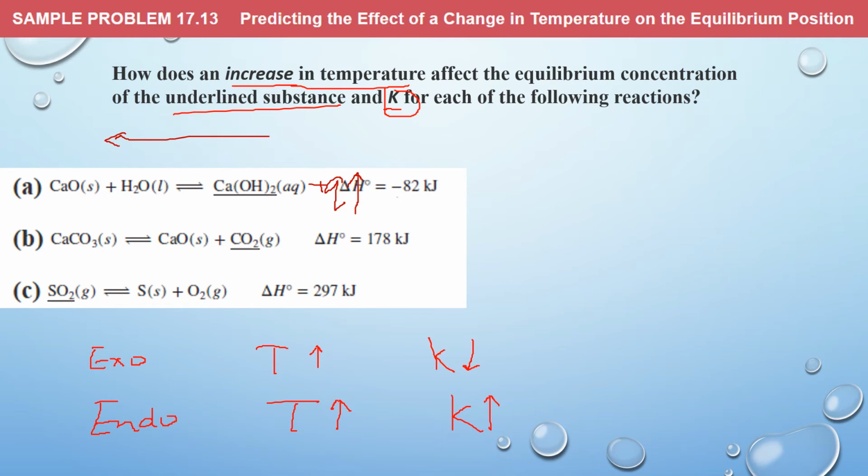By increasing the amount of heat, the reaction is going to be shifted to the left, meaning it consumes some of the Ca(OH)2, which is calcium hydroxide. So you're going to consume some of the product due to the shift to the left, and we say the concentration of Ca(OH)2 will decrease. Earlier we determined the K will also decrease.